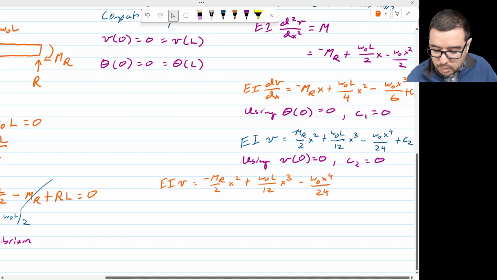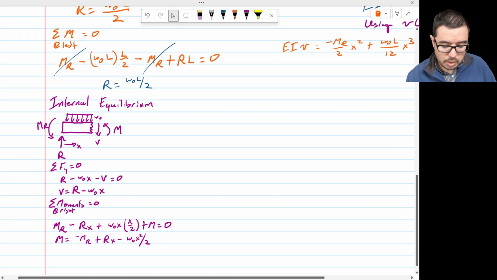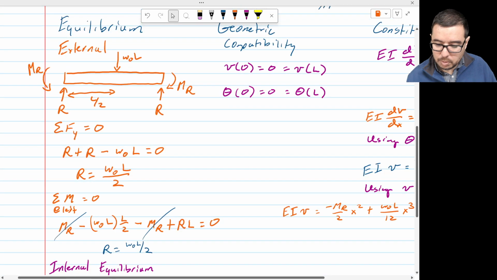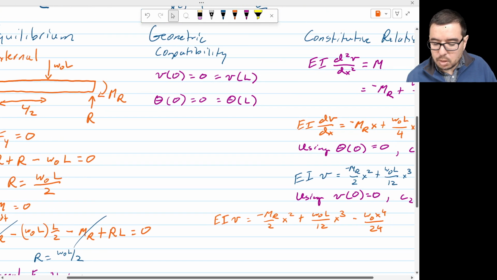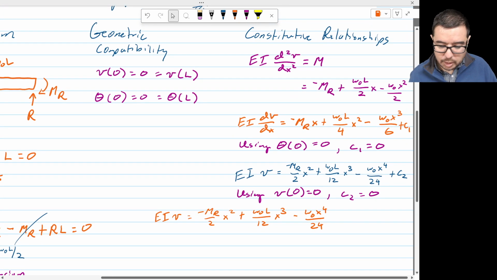Okay, this is very nice. But I still don't know MR. But I have used more information than what I had over here when I was just using equilibrium. So maybe there's another boundary condition that can help us figure out what MR is going to be. Well, of course, we can use that displacement at L is equal to 0.